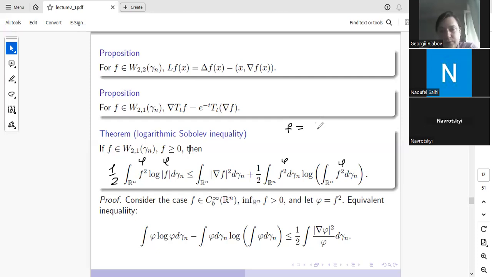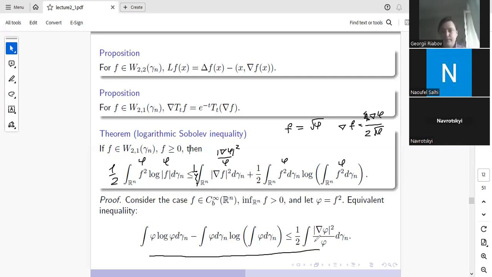Since f is the root of phi, the gradient of f is one half over root of phi times the gradient of phi, and squared we have one quarter gradient of phi squared over phi. So we obtain an equivalent inequality in the following form.